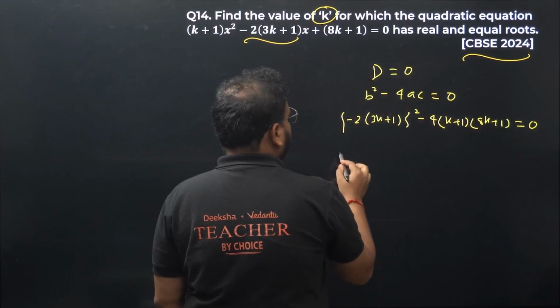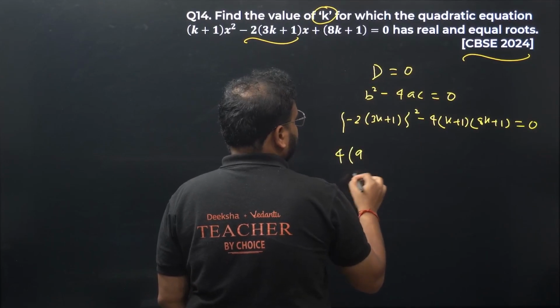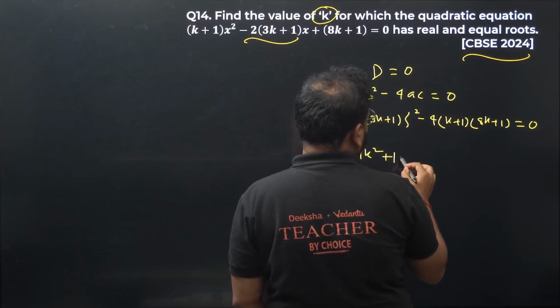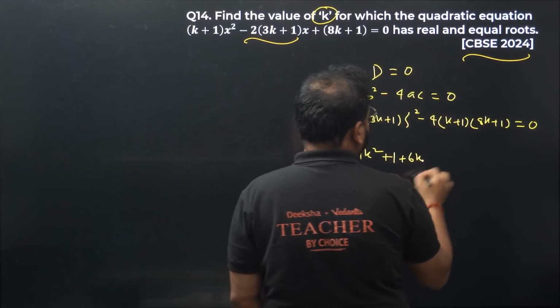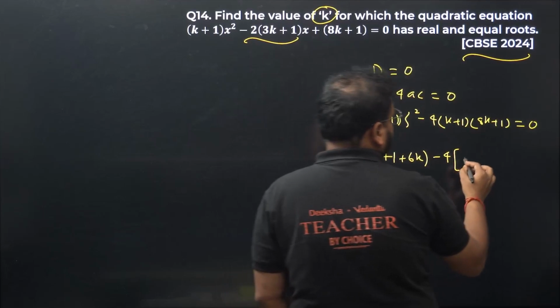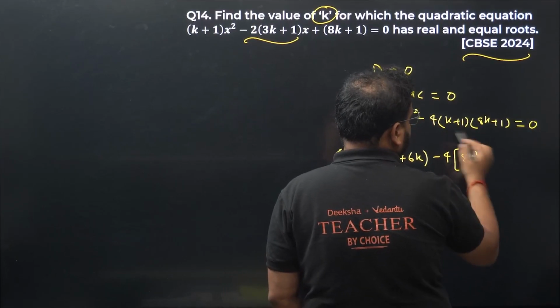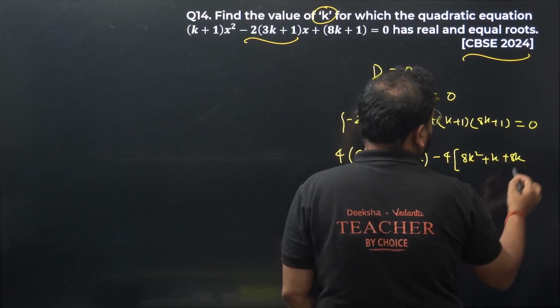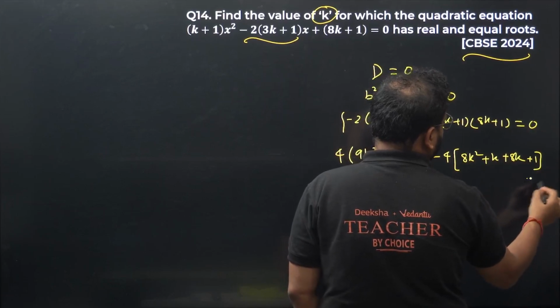We get here 9k square plus 1 plus 6k, and minus 4 multiplied by this, I get 8k square plus k plus 8k plus 1, equal to 0.